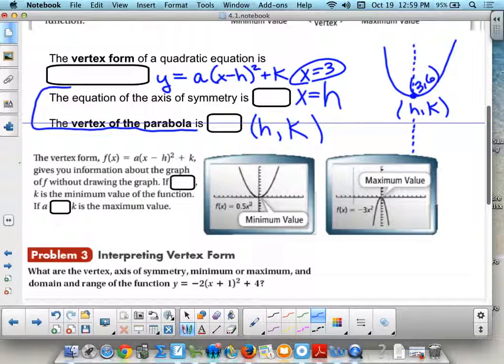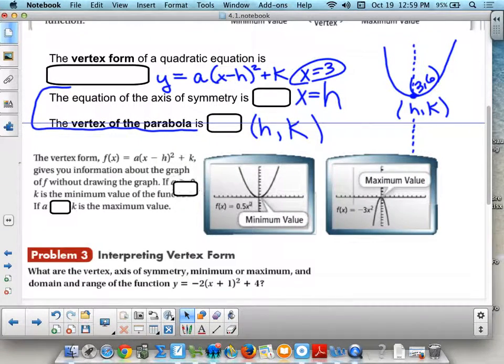Okay? Alright? Next picture right here. The vertex form, what you see, gives you information about the graph of f without graphing the function. If a is greater than 0, which means the parabola opens which way?